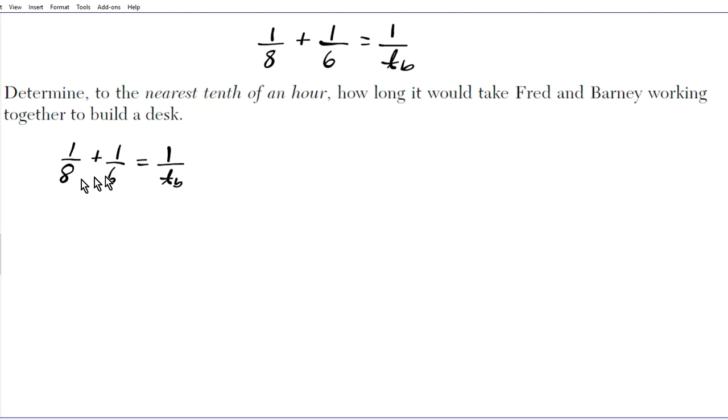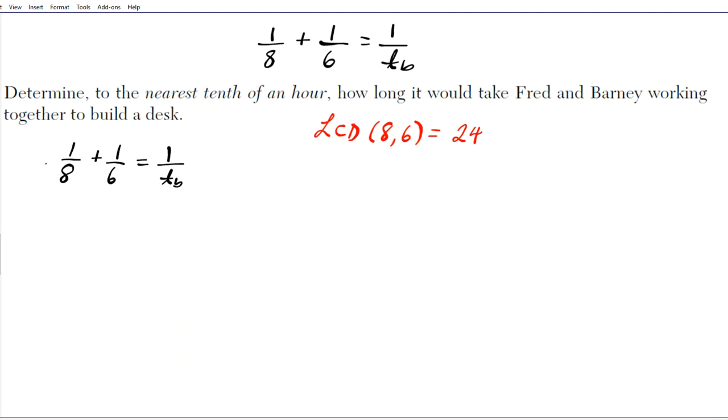Alright, so let's go ahead and combine these two fractions. To do that, we have to find the LCD of 8 and 6. The smallest number that 8 and 6 go into evenly is 24. So we need to change the denominators to 24. We need two equivalent fractions where the denominator is 24.